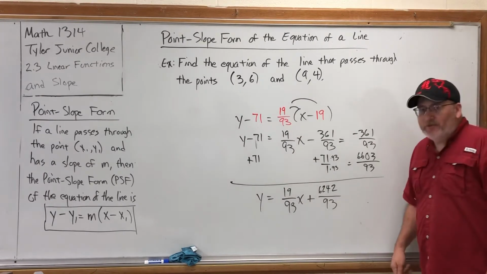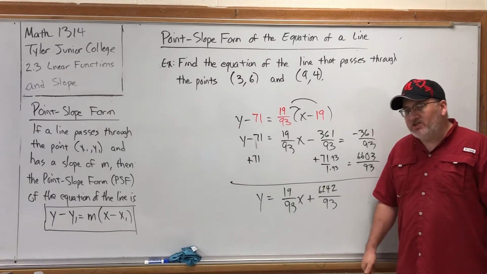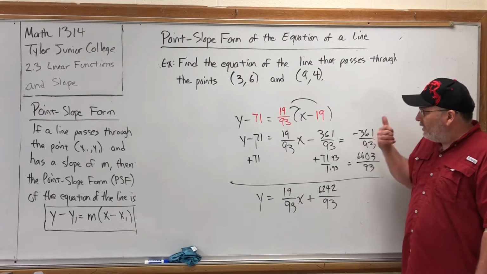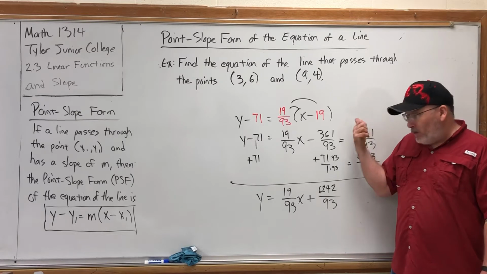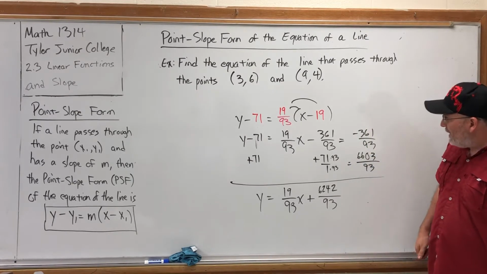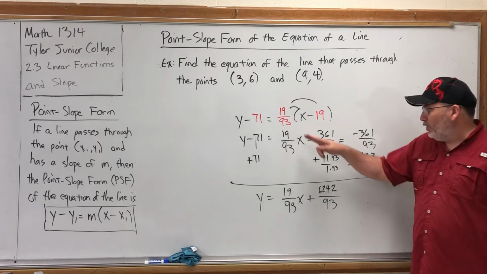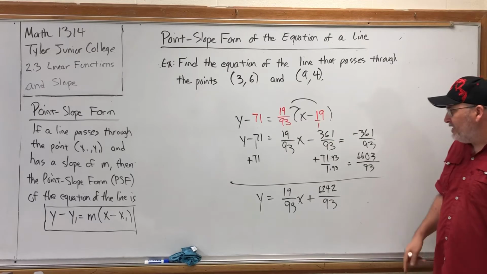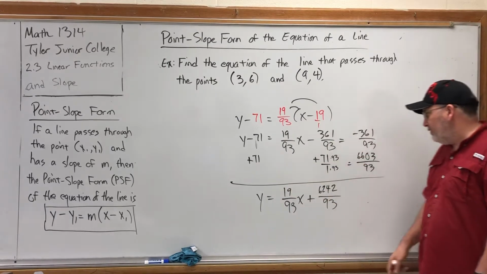It's got a slightly different twist, but first, as I mentioned at the end of the previous video, here's the work for taking the last equation from the previous video and solving it for y. Distribute the fraction, which isn't that bad. You just got to multiply the two fractions by putting the 19 over 1. But then to solve for y, you have to add 71 to both sides.